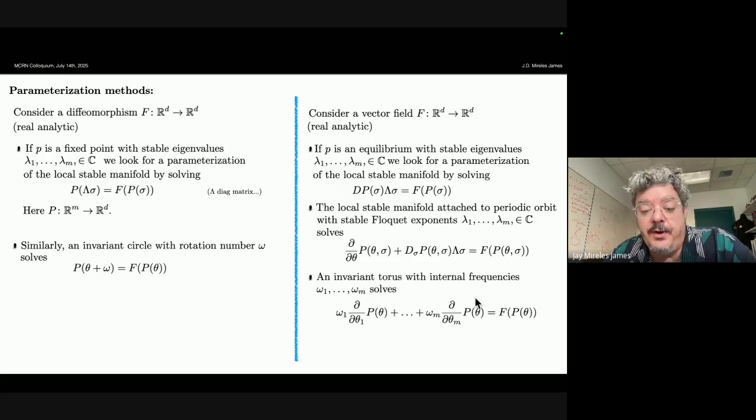Okay, an invariant torus. We could write down, just like we talked about over here for an invariant circle, the functional equation for an invariant torus.